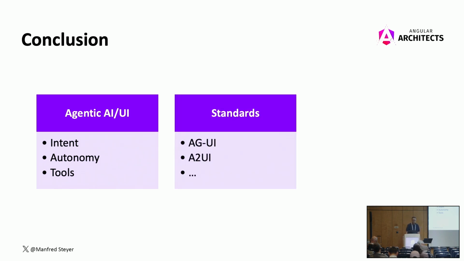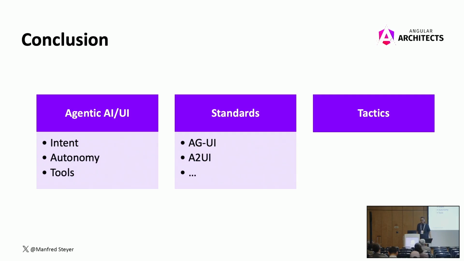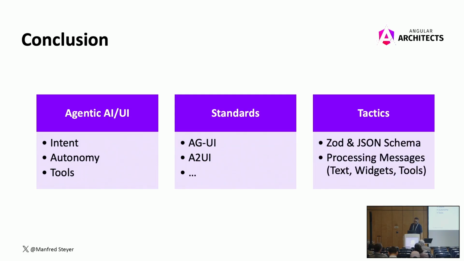We've talked about standards. AGUI is the backbone for the communication, because we want to loosely couple to our server stack. We don't want to be dependent on server-side technologies. And A2UI is this shiny new technology from Google that allows an LLM to construct a completely dynamic answer. Regarding the tactics, it's all about describing your stuff with schemas.